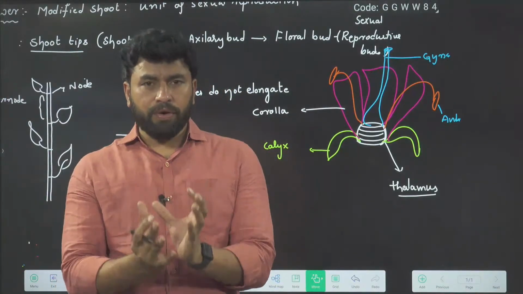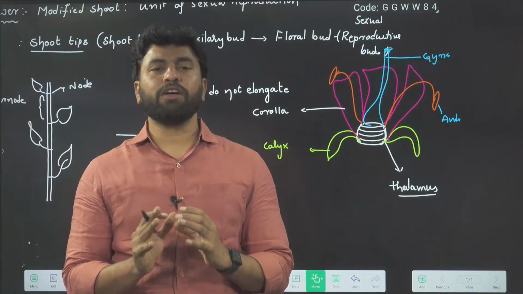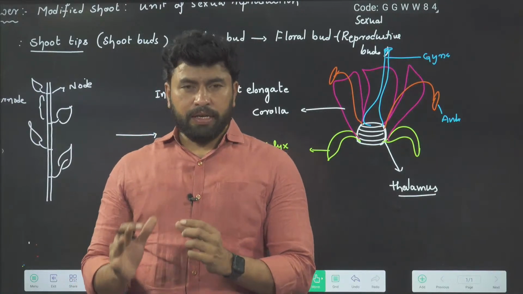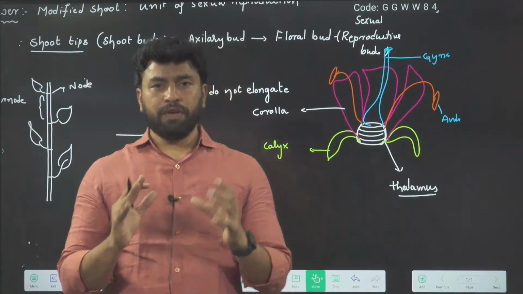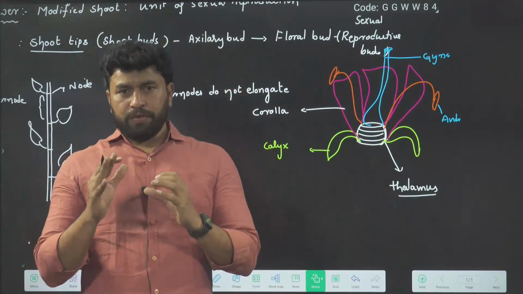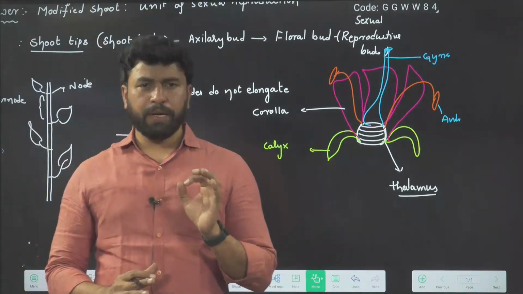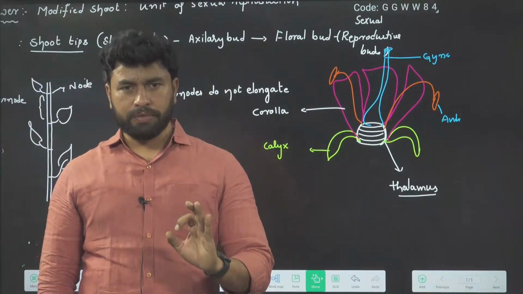Altogether, the floral appendages along with the bud modification, we call it a flower. One more time, I am explaining how a shoot is converted in the form of a flower. See, a shoot's first and primary character is that it must contain nodes and internodes.